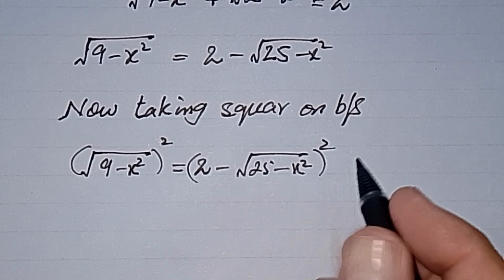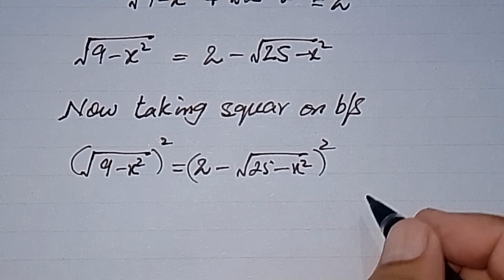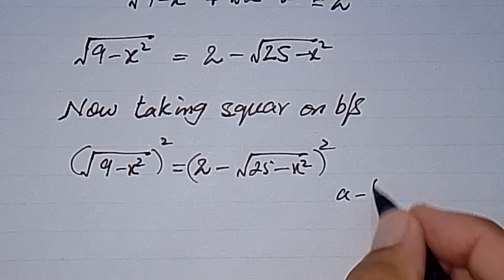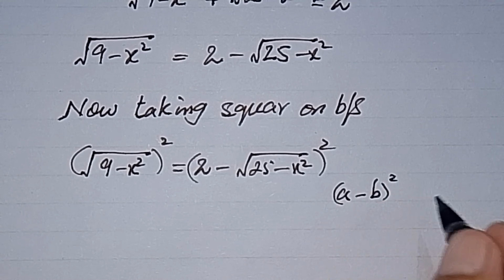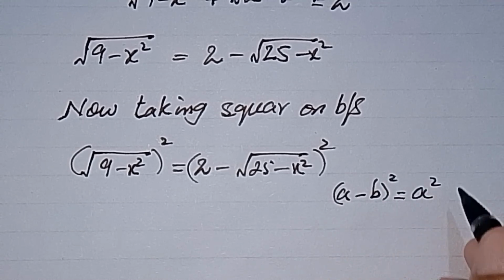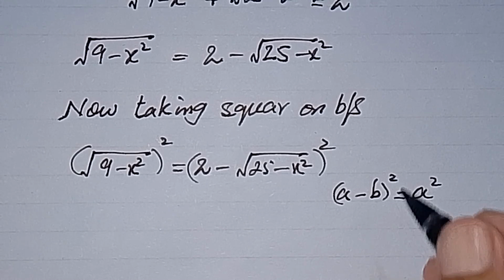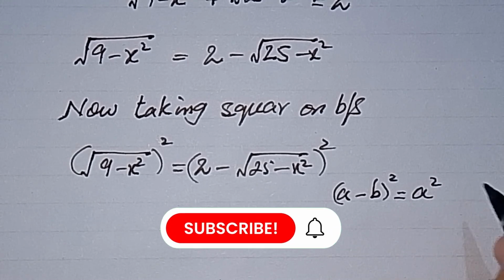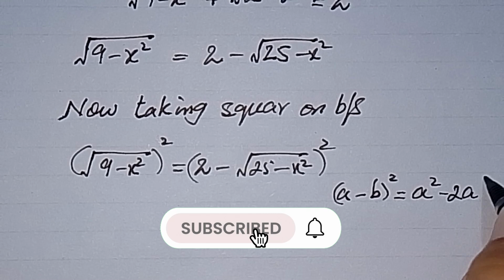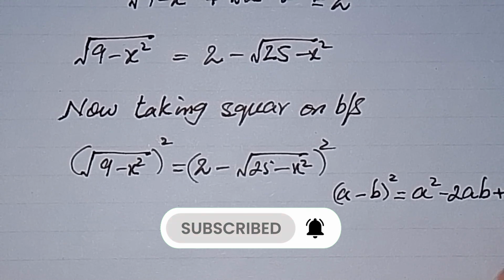Here we will use the formula a minus b whole square is equal to a square minus 2ab plus b square.